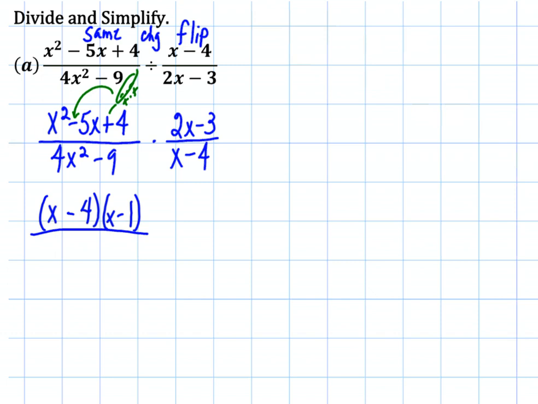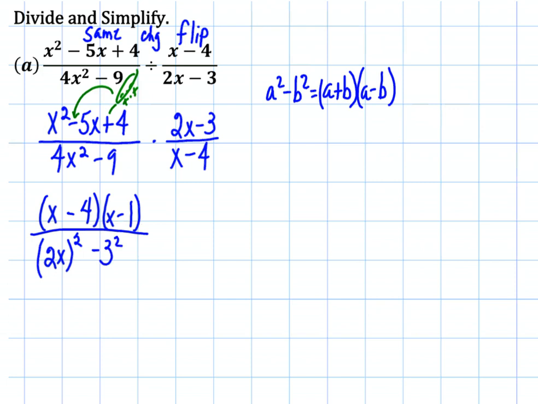There's another rule called a squared minus b squared is equal to a plus b times a minus b. So if I can change this to 2x, this would be squared, and this would be 3 squared.